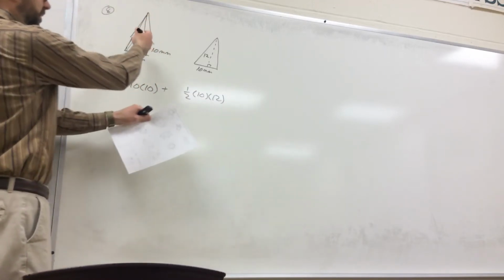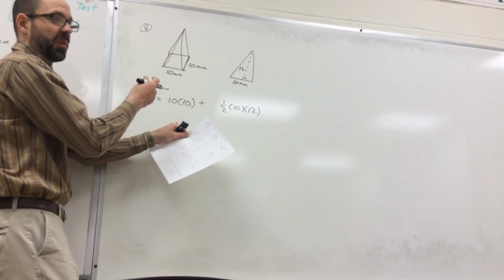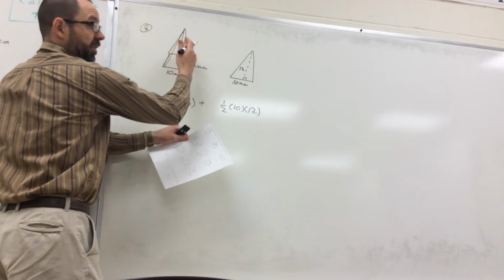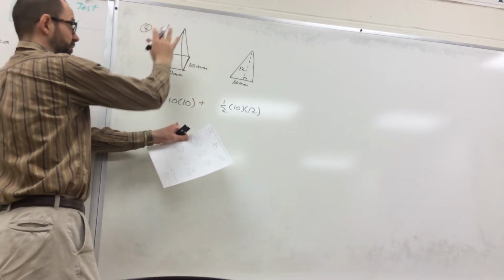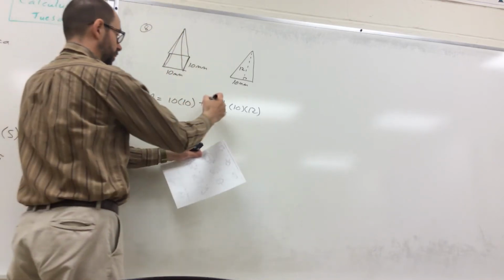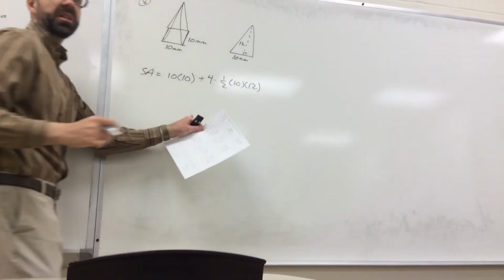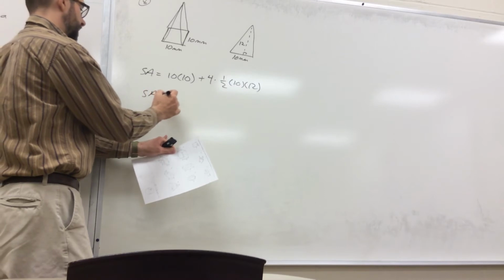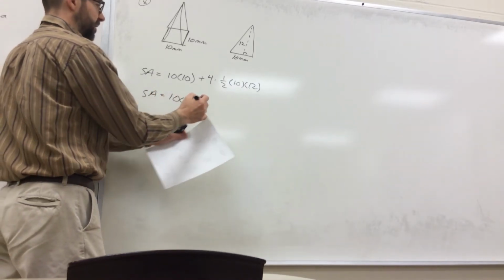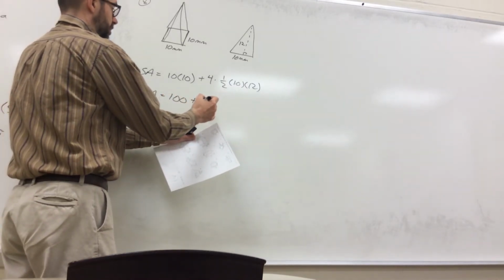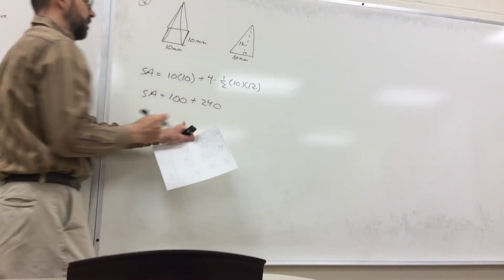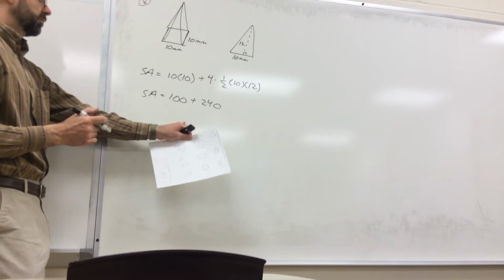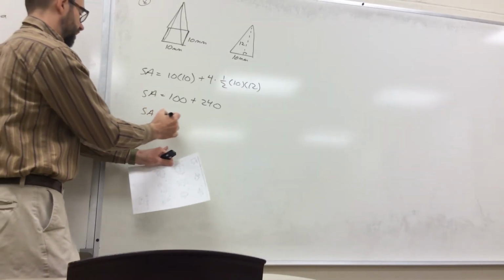You can't really see because my picture is terrible, but we got the right side, the left side, the front, and the back, right? So 4 times that, because there's 4 of those triangles. So that comes out to 100 plus 240, I think. So that comes out to 340.